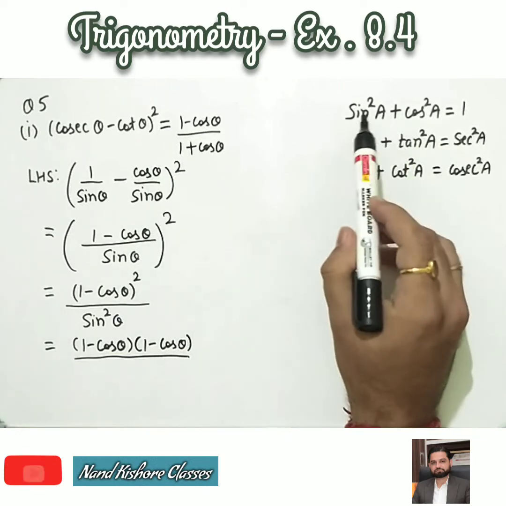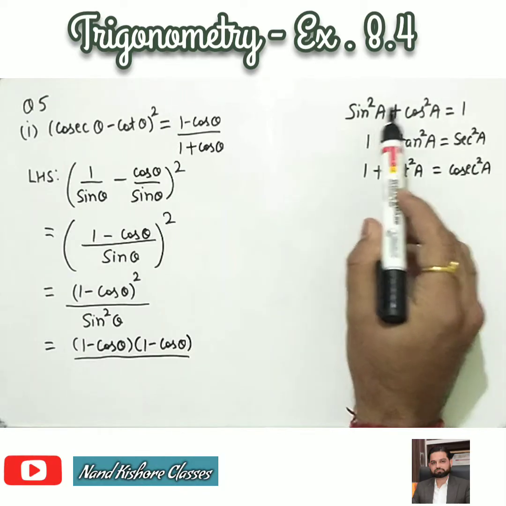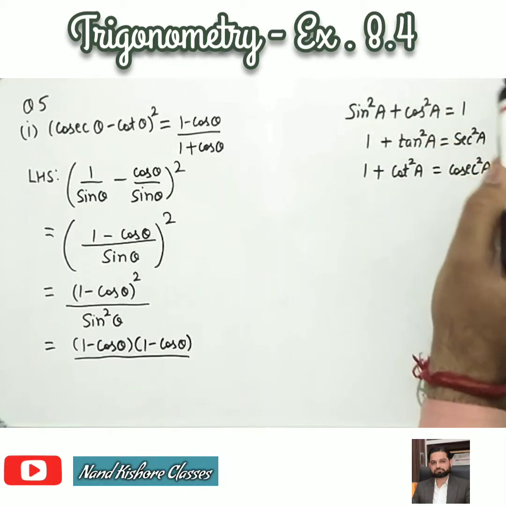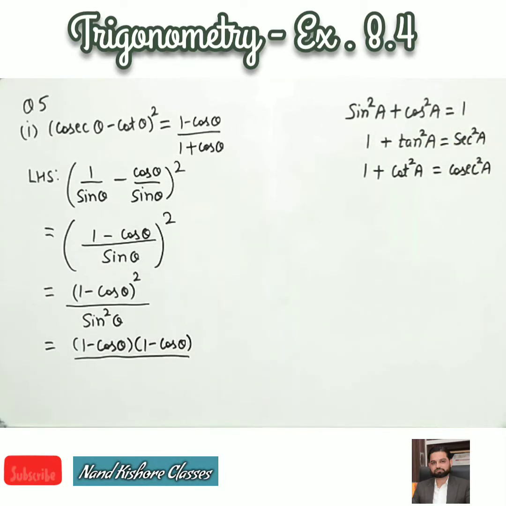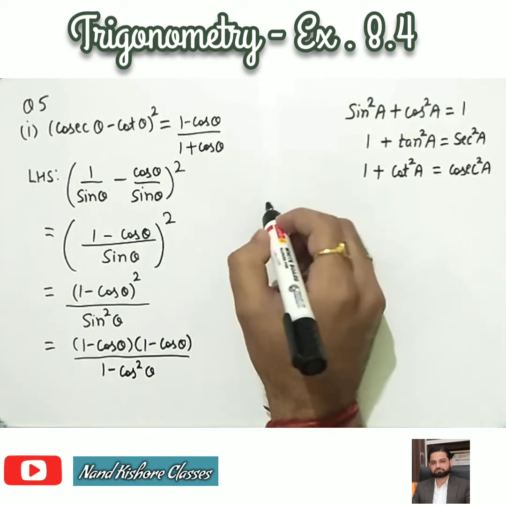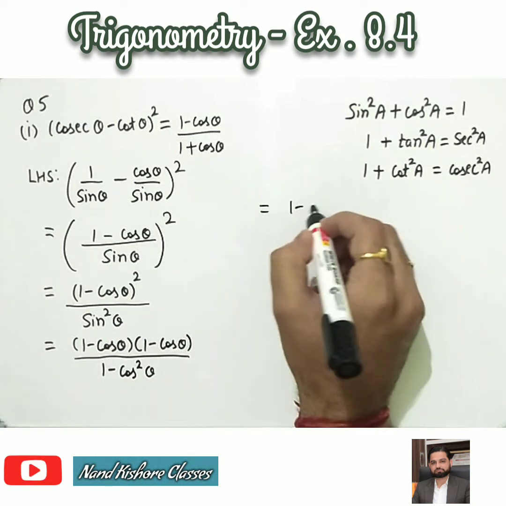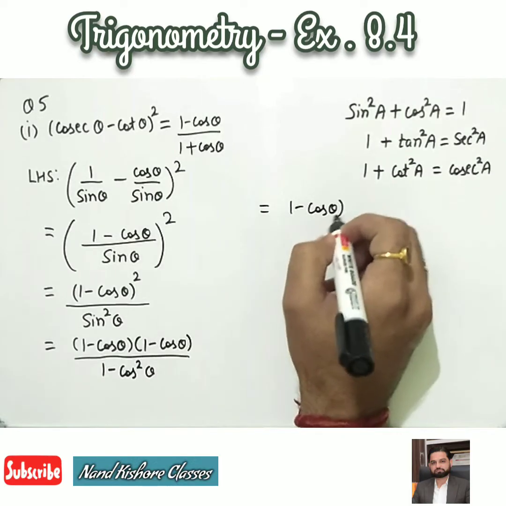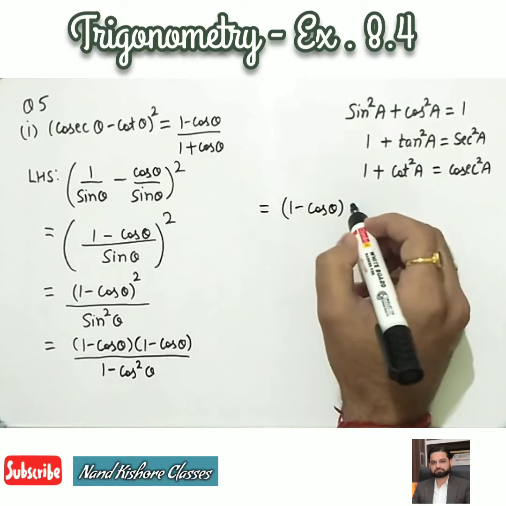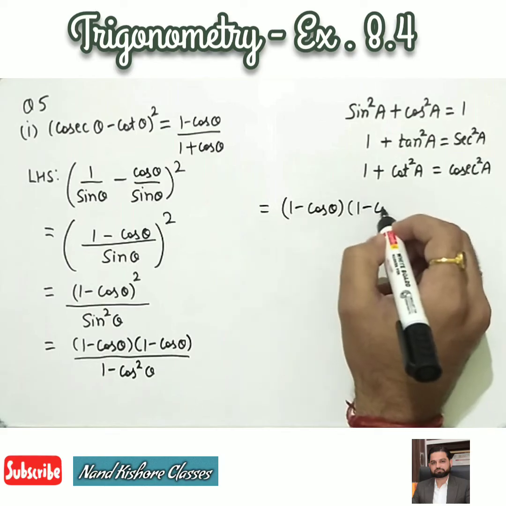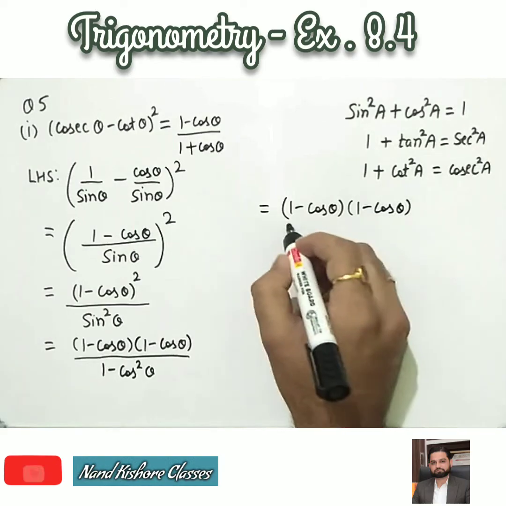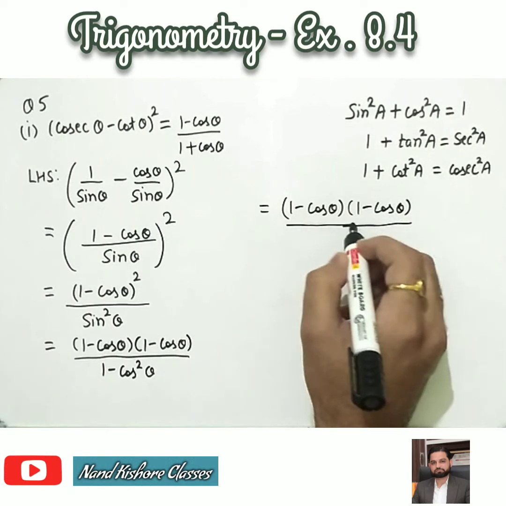Look at this formula, value of sin square A will be 1 and cos square A will go to right side, it will become 1 minus cos square A. So I can write it here 1 minus cos square theta. Okay, let's move ahead. (1 minus cos theta) into (1 minus cos theta), numerator as it is. In denominator, have a look.